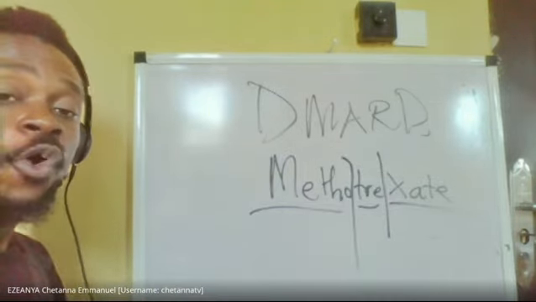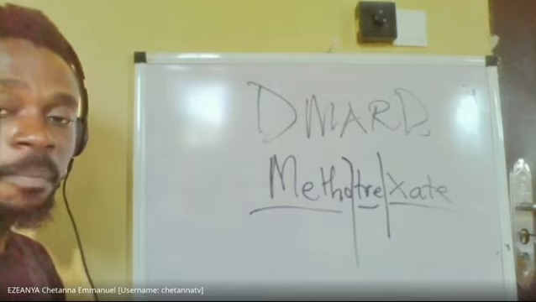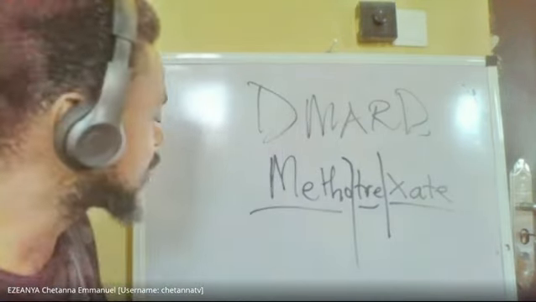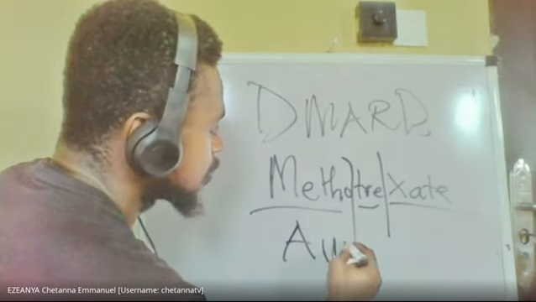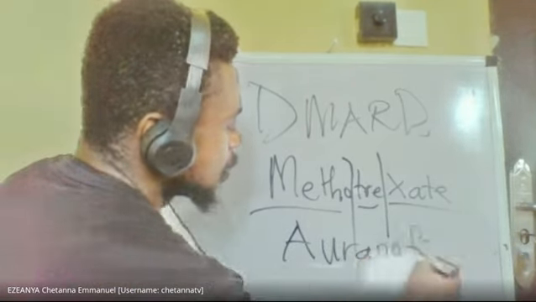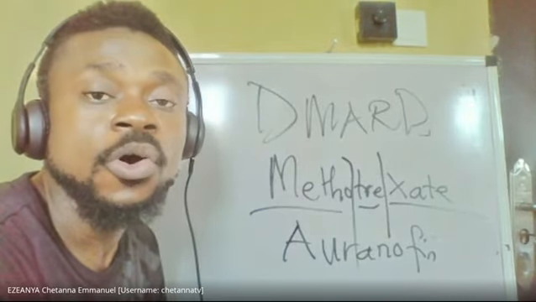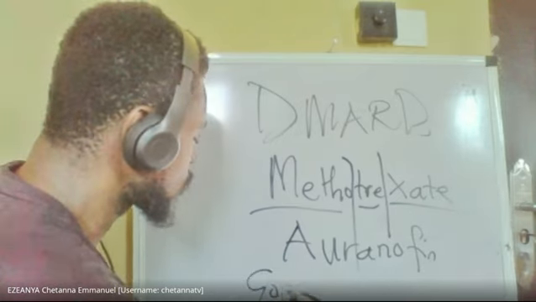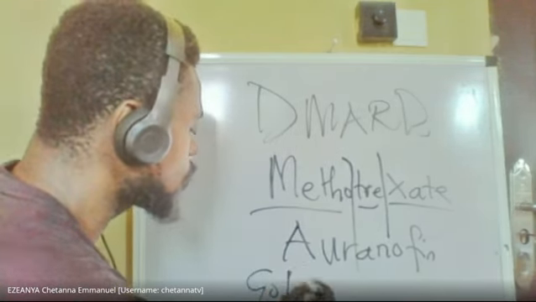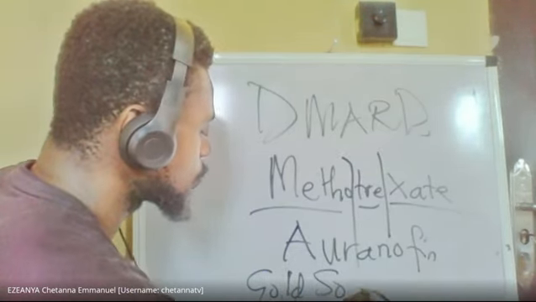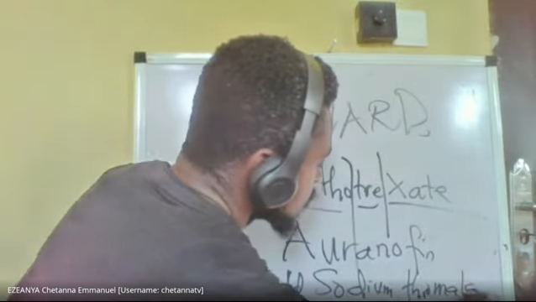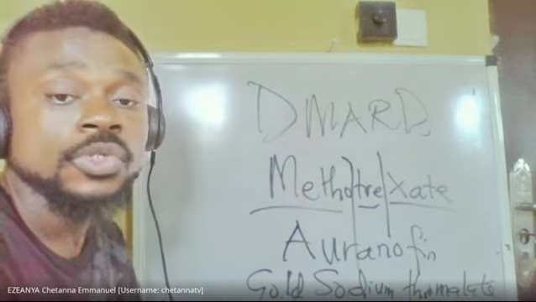Then we have gold compounds. There are some drugs under these gold compounds. You see something like auranofin, from aura. You see something like gold sodium thiomalate.